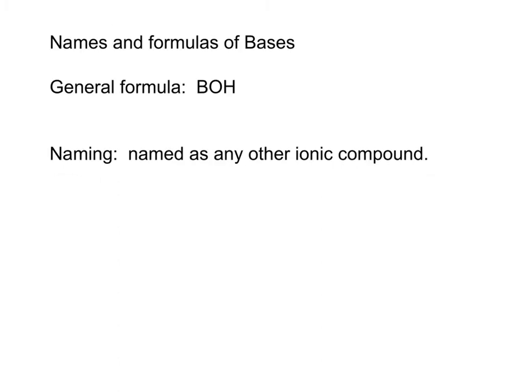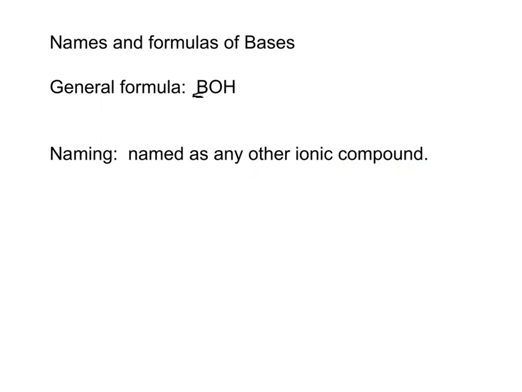The good news is that when you name a base, you really don't have to learn a separate naming system like you did for acids. The general formula is B, which is a generic cation, paired with the anion OH, always hydroxide in these Arrhenius type bases that we're talking about now. They're going to be named simply as any other ionic compound.